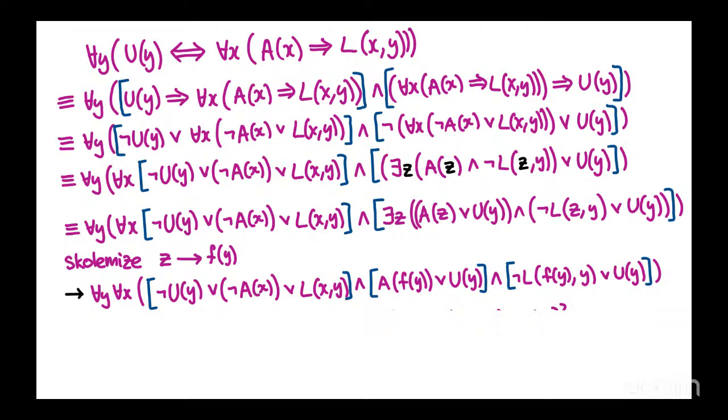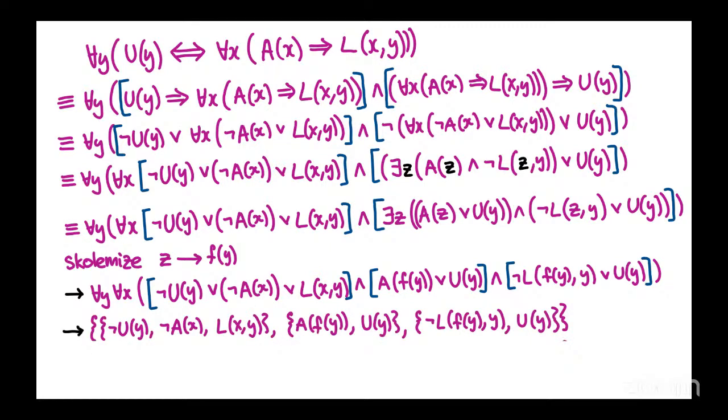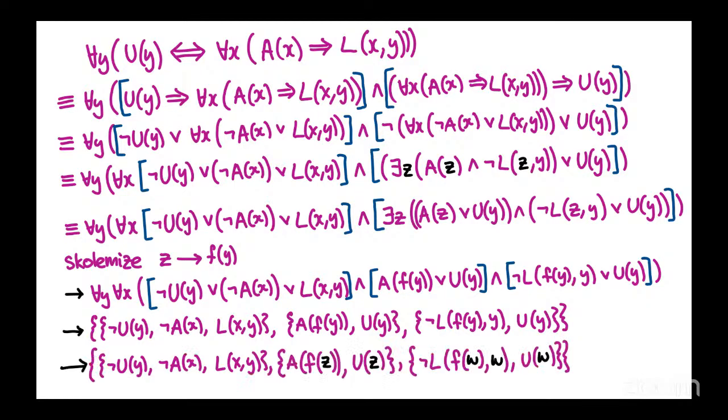Okay. So now we can turn that into clausal form. And now just to be on the safe side, I'm just going to rename all the variables in there as well. I'll just rename everything just to make it nice and clear when we go to do the resolution. Okay.